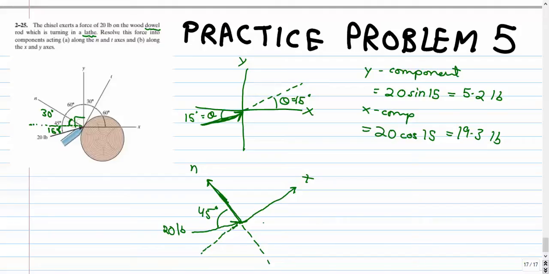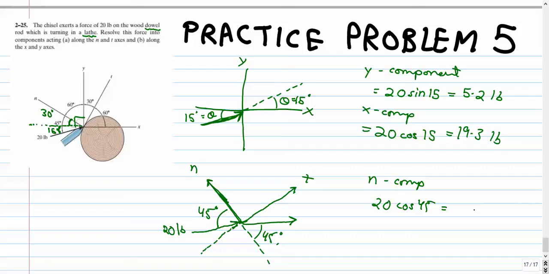So let's draw this force in this quadrant. This angle is 45. Right. So to get the N component, we'll simply use the cos identity, which is 20 cos of 45.